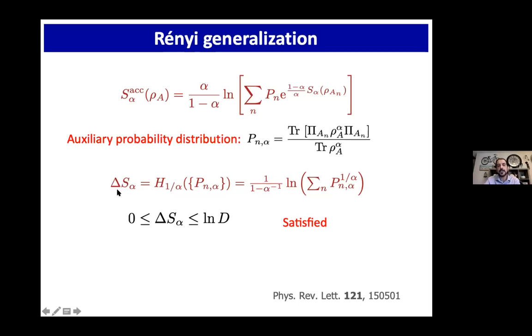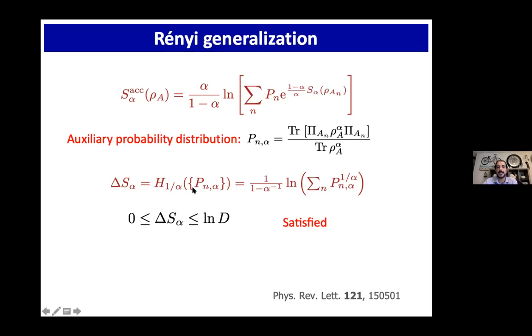With this definition, we can write that difference, the delta S alpha, as the classical Rényi entropy with index 1 over alpha. See, there's a flip in the index of P_n alpha. And of course, that is because it's the classical Rényi entropy with some probability distribution of some index. This is definitely positive.